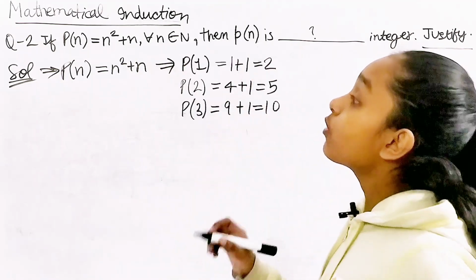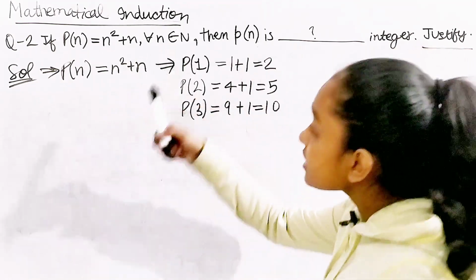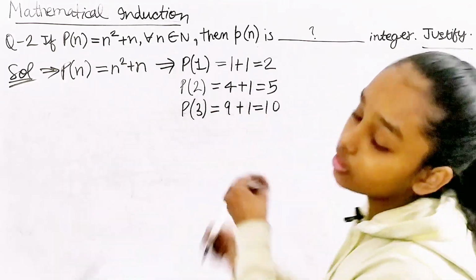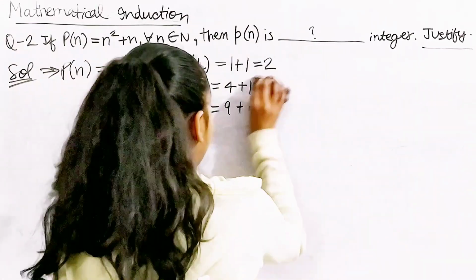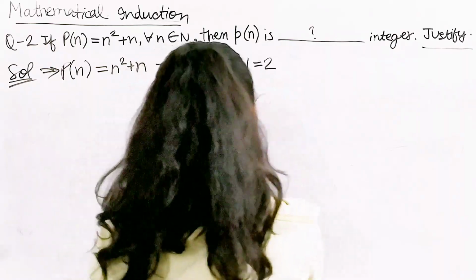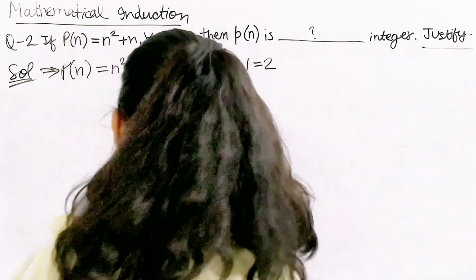In place of n we put 2, so here it's going to be 2, not 1. That's a mistake I didn't even notice.